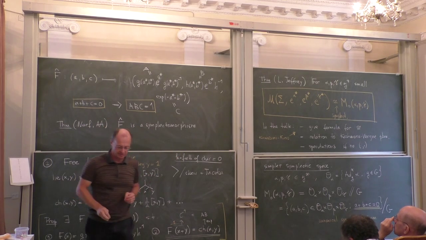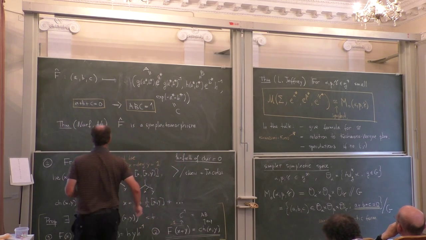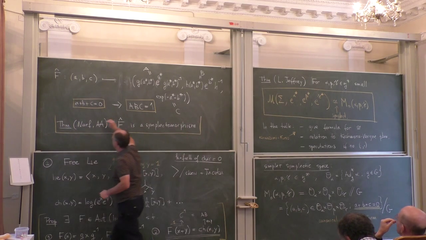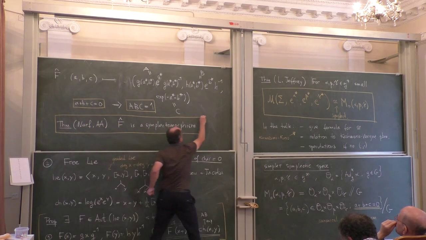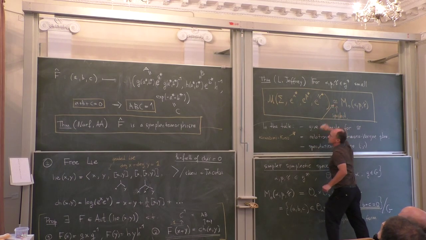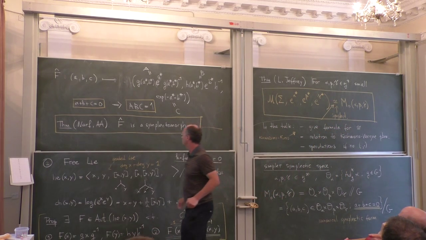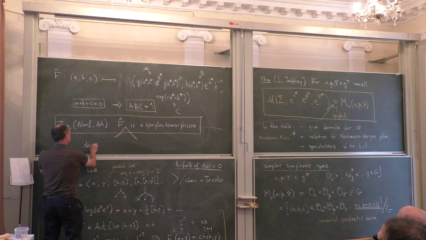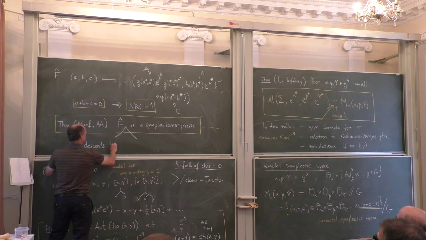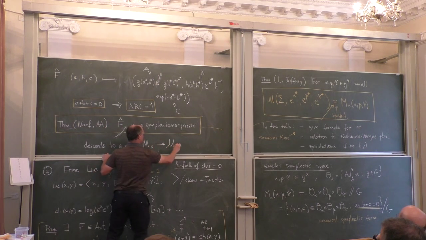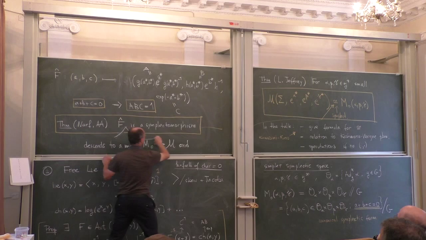So it turns out that such a map is a symplectomorphism in this sense. So it descends to a map from M0 to M, and it is a symplectomorphism.